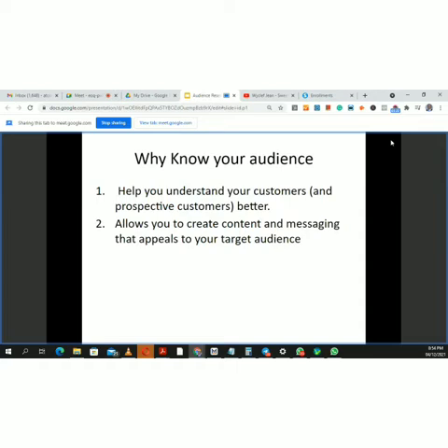So when you say why know your audience, the first critical thing, it helps you understand your customers and prospective customers better. For me, this is even more about your prospective customers because you will know what you're going to use to target or to attract the right set of people.